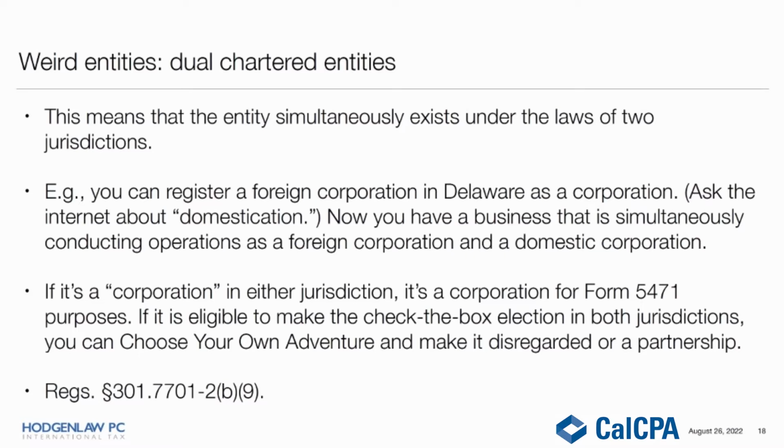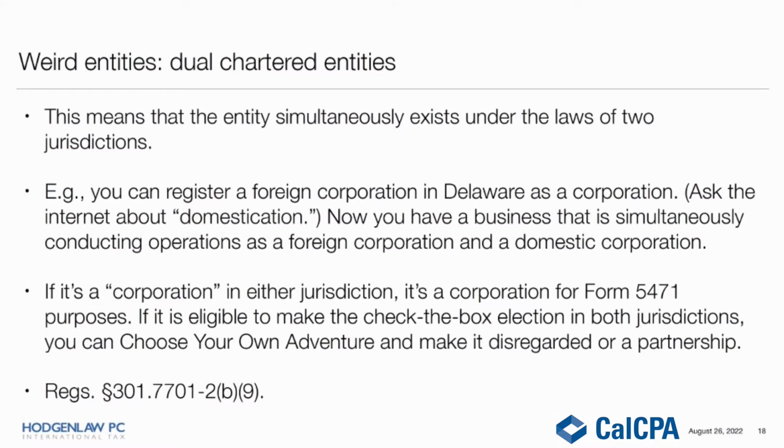It's simultaneously a Delaware corporation and a foreign corporation, which is all sorts of interesting because now you've got an 1120 with a balance sheet showing all of the assets of the foreign corporation. This is cool. So domestication is the jargony word you can ask Mr. Google about if you want to find out more.